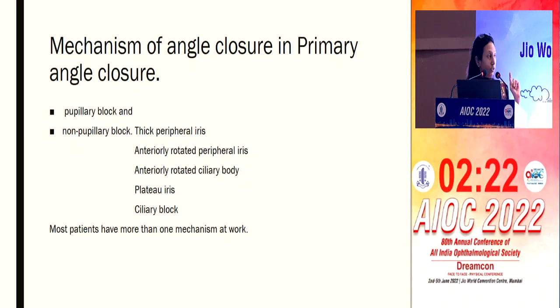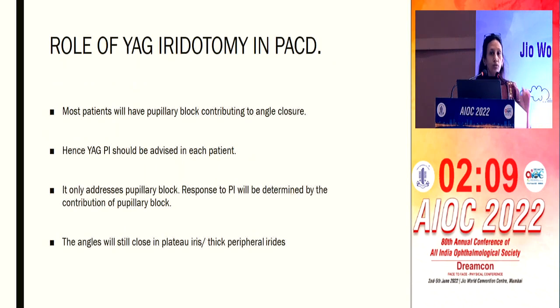However, there are non-pupillary block factors like, as I said earlier, thick peripheral iris, anteriorly rotated ciliary body, plateau iris configuration. So when you do an iridotomy, you relieve only the pupillary block. The rest remain. However, there are studies which have said that half of the primary angle closure in Chinese patients, 54.8%, was caused by multiple mechanisms.